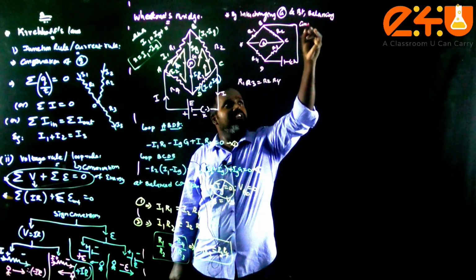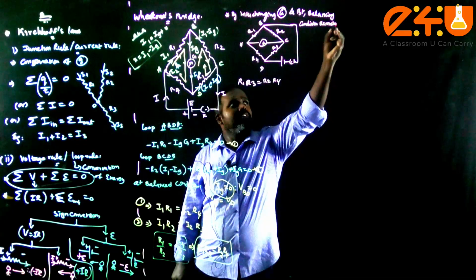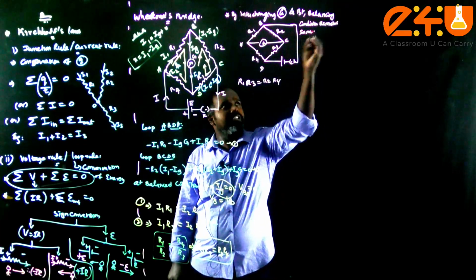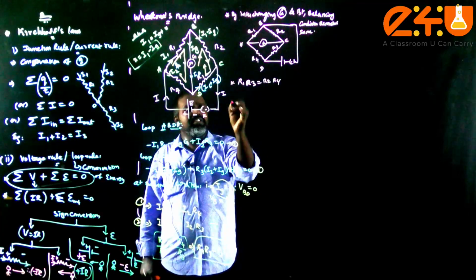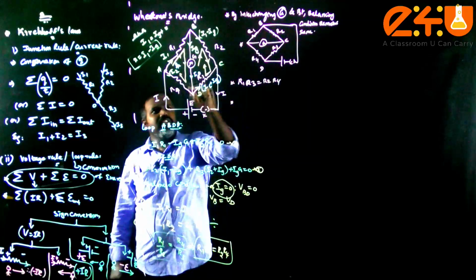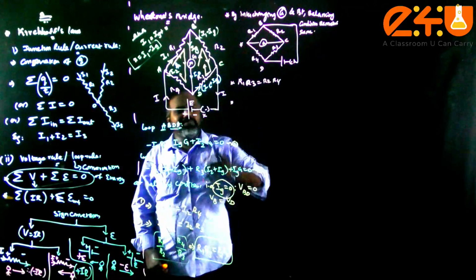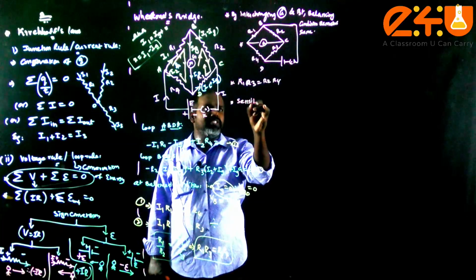So this is the important thing you must keep in mind. And next, another point is if the resistances R1, R2, R3, R4 are all in the same range, equal range, then sensitivity will be maximum.